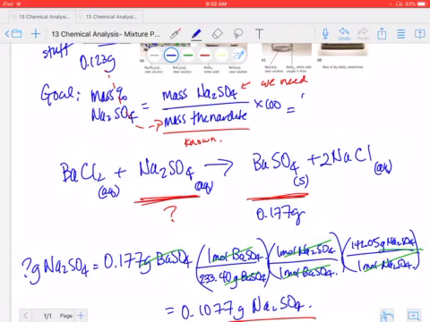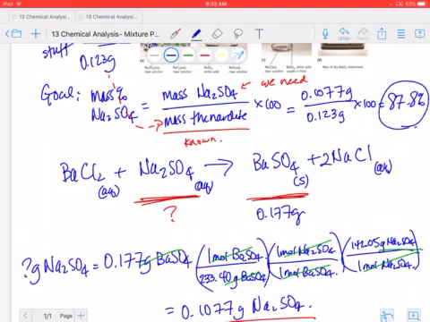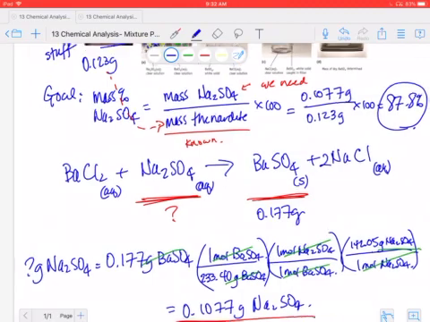So I'm going to take that 0.1077 grams divided by the mass that we started with. This was our 0.123 grams, multiply by 100. And when we do that, we get 87.8%. And that would be the answer that we were looking for in this problem.